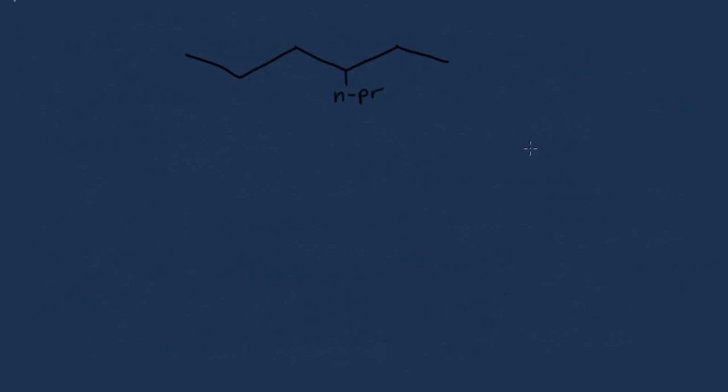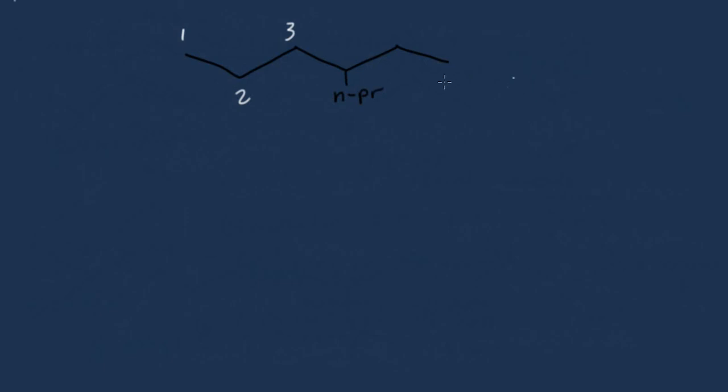So here we have another problem. I'll give you guys a second to go ahead and try this one for yourselves. Okay, so let's go ahead and try to find the IUPAC name for this. Well, what's our longest chain? You might think if we started here and went all the way along this way, this is the correct way to go.